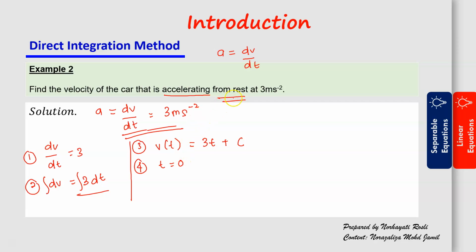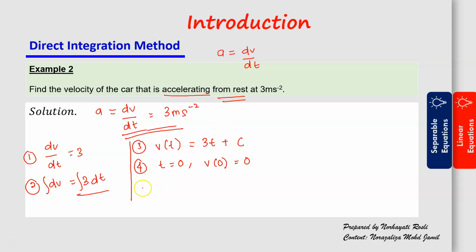So the velocity when t equal to 0 should be equal to 0, because initially it has not started to accelerate yet. Understand? It has not started to accelerate, which means the velocity here is equal to 0. Implicitly, the question gives us the initial condition for velocity.